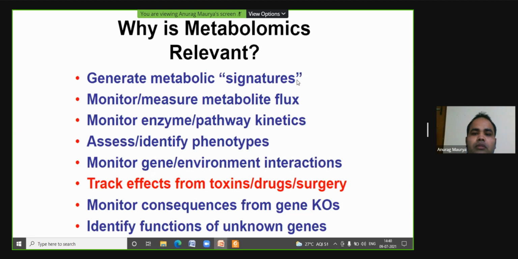And to understand whether a given person is prone to get those stones or not, you might be interested in studying the oxalate flux in that person. And in that case, you can use this metabolomics approach for that study. Next, monitor enzyme pathway kinetics.